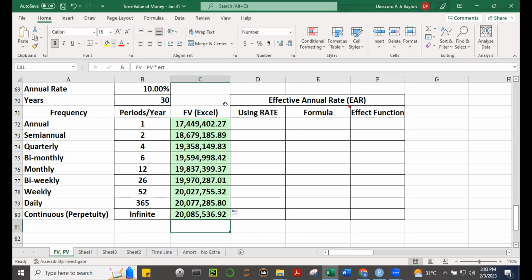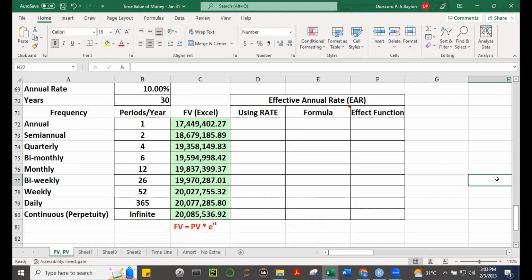Kindly put that in whatever color. I made it colorless so that you won't see. But now you can see that the future value is equal to the present value times exponential e to the rt, e to the rate times time. And you should be getting 20,085,536.